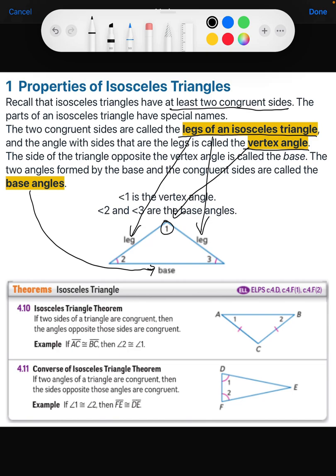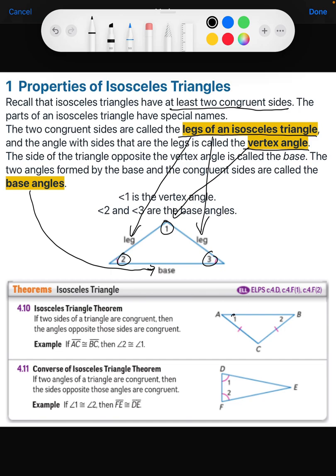The two angles formed by the base and the congruent sides are called the base angles. So our isosceles triangle theorem states that if two sides of a triangle are congruent, then the angles opposite those sides are congruent.